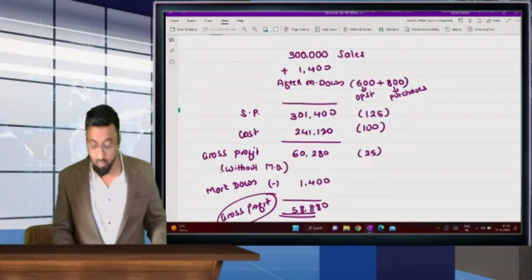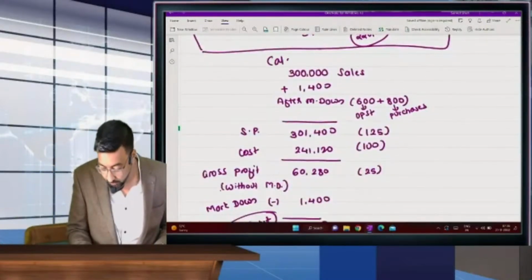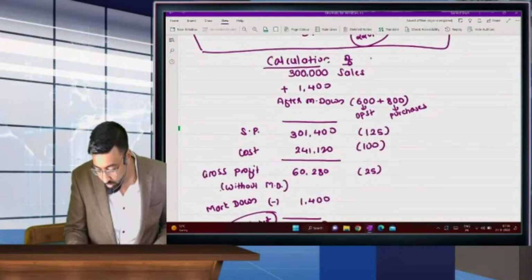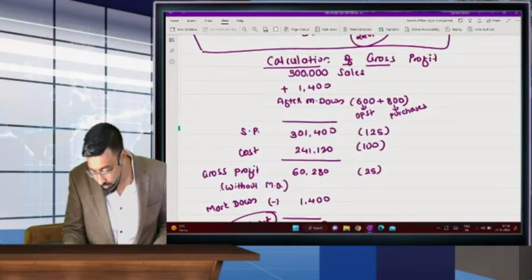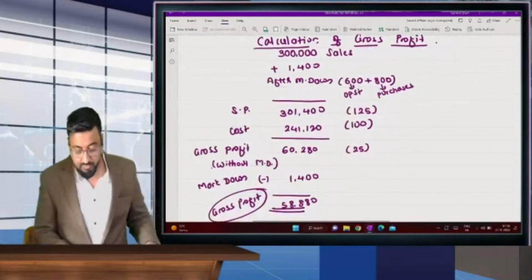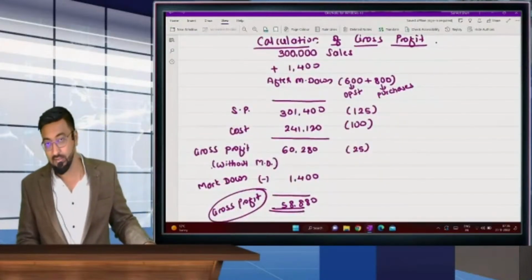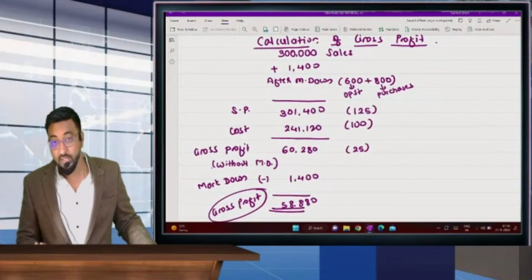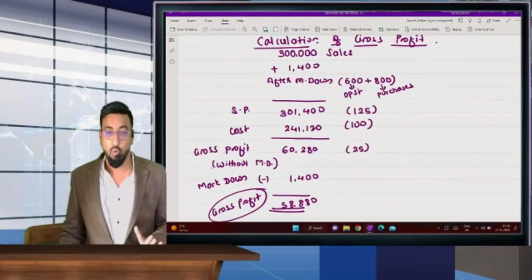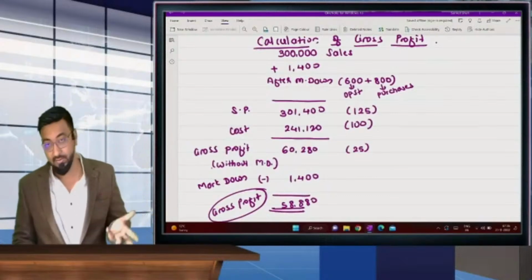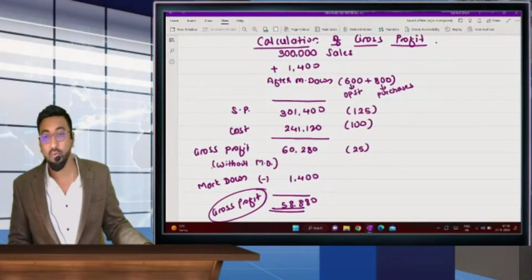So this is the calculation of gross profit. See, 3 lakhs is my sales, but these goods are sold after markdown. So what is my markdown?